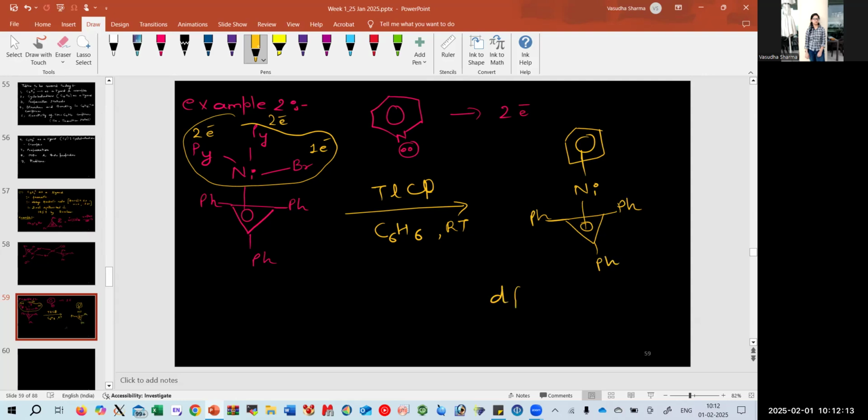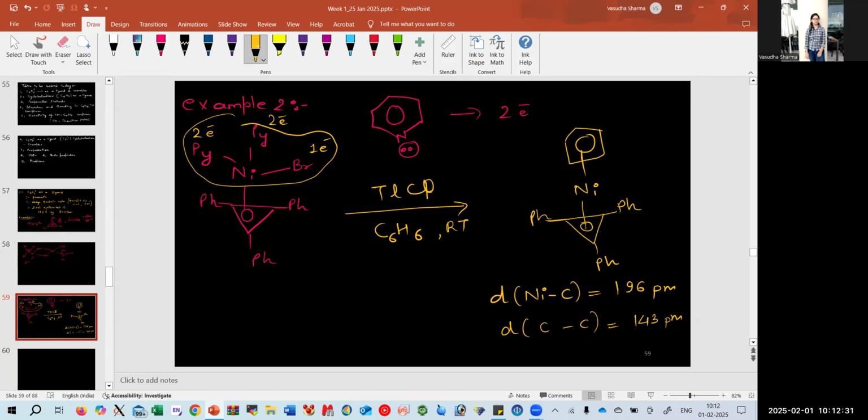Here, the nickel carbon bond distance is 196 picometer and the CC bond distance is 143 picometer.